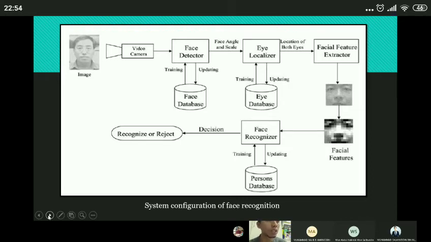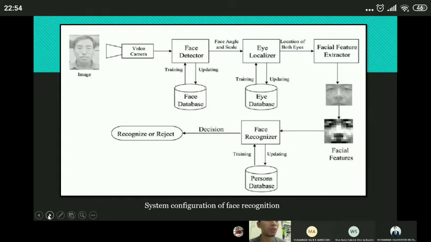So next, this is an example flowchart. System configuration of face recognition. From the first, we get the image from the video camera, then the face detector will save in the face database, then we go to eye recognition, then the eye recognition will save in the eye database.